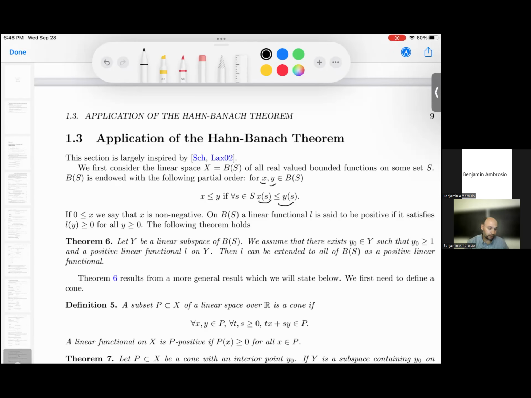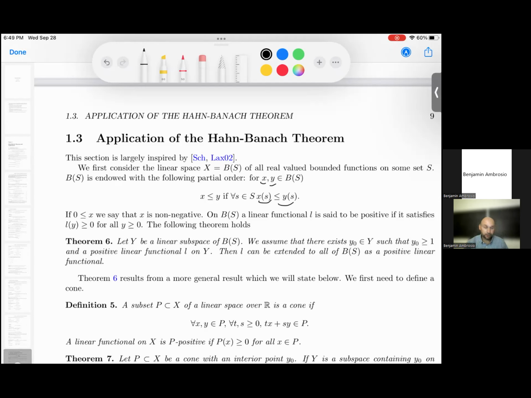So we say that X is non-negative if for all s, X of s is greater than 0, and the linear functional L defined on B is said to be positive if it satisfies L of Y non-negative for all Y non-negative.